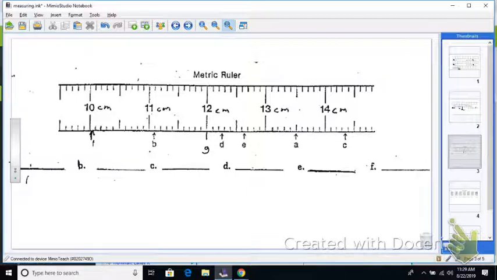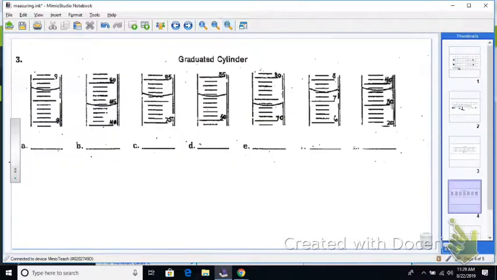All right, go ahead and do the volumes. The volumes, like on this first one, you have to look at what each line represents between one line and the next. So between this line and the next line, what is that change?